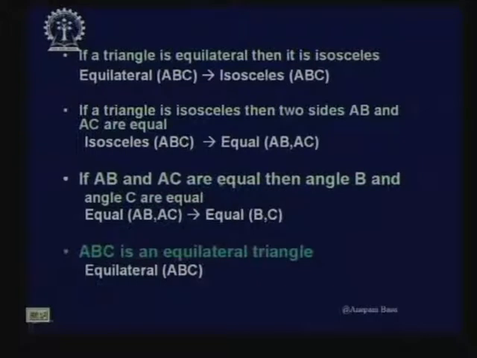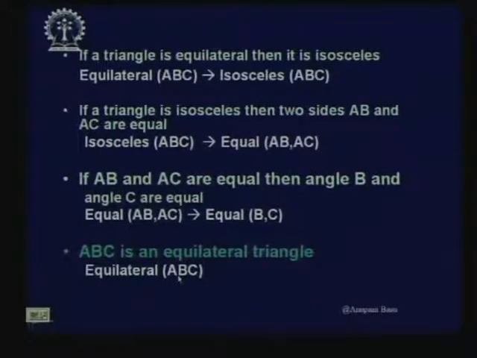If AB and AC are equal, then angle B and angle C are equal. Written in the predicate form, it turns out to be equal AB AC implies equal B and C, where B and C are angles. ABC is an equilateral triangle, so we simply can write equilateral ABC.